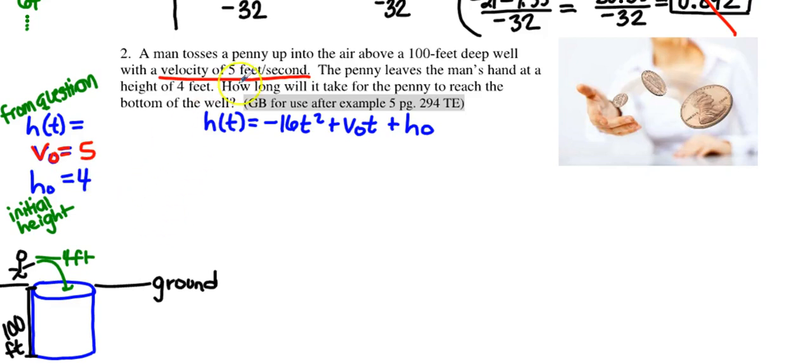Now, it says, how long will it take for the penny to reach the bottom of the well? So, what do I put for this number? How do I deal with the fact that this well is below ground? Because if I put a positive 100 right here, I'm saying the penny is way up here in the air, 100 feet above ground.